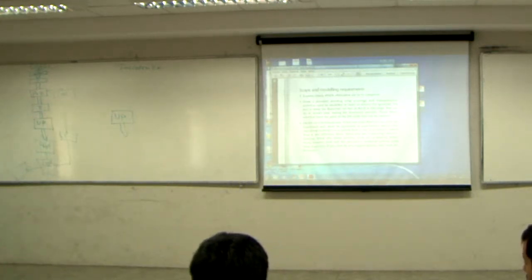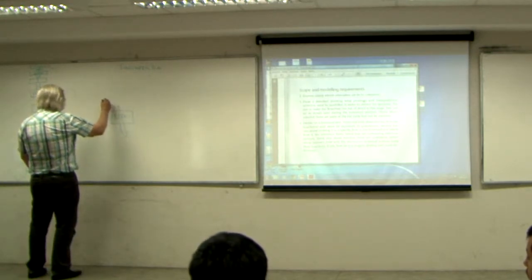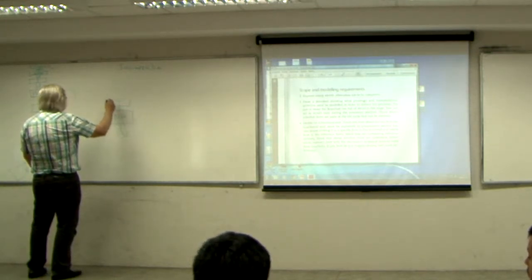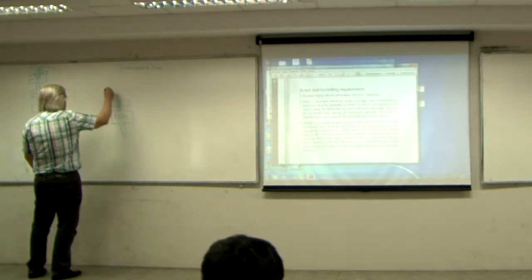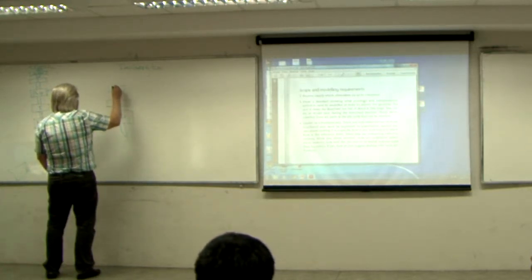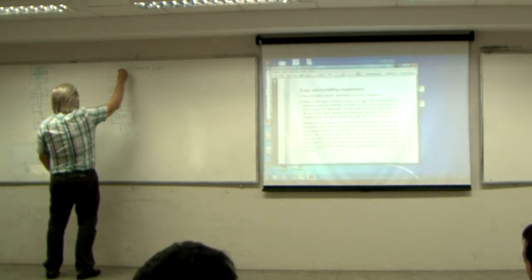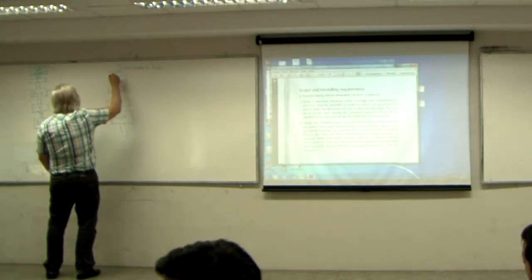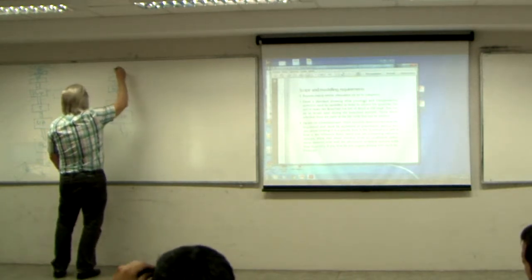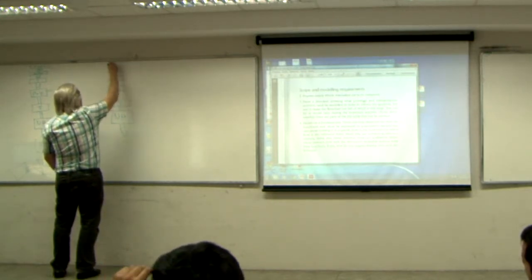If we look at the other process, of course you have to have the same. Transport, wood, transport, and we have the forest.